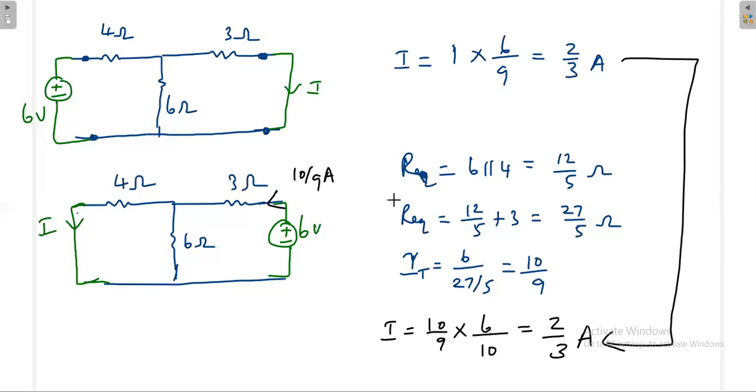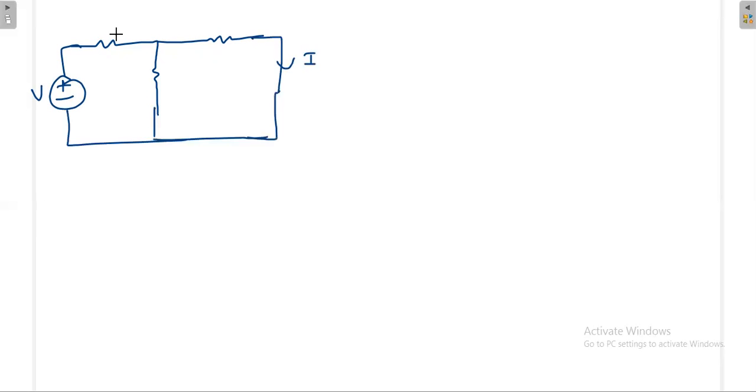Now I will extend the same problem. I take this as V and this as I. This is 4 ohm, this is 6 ohm, 3 ohm.